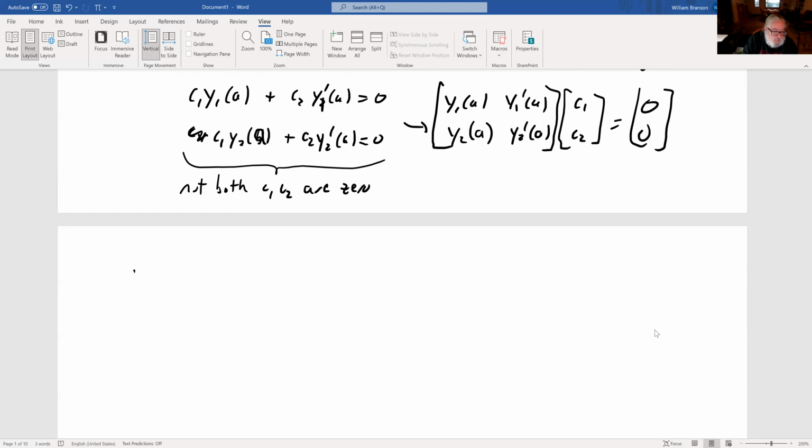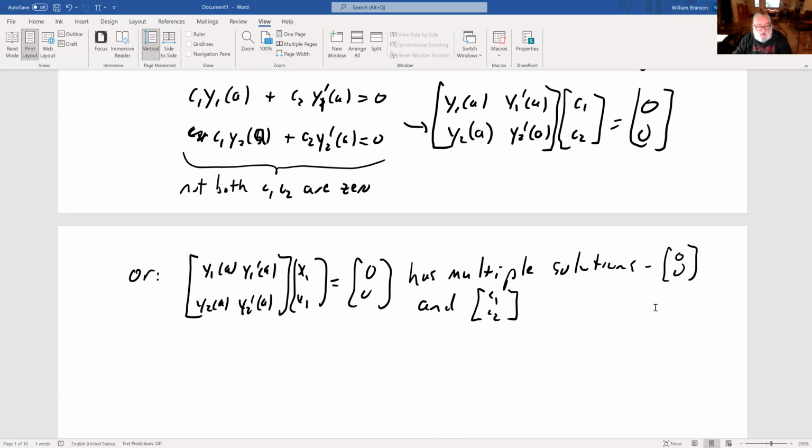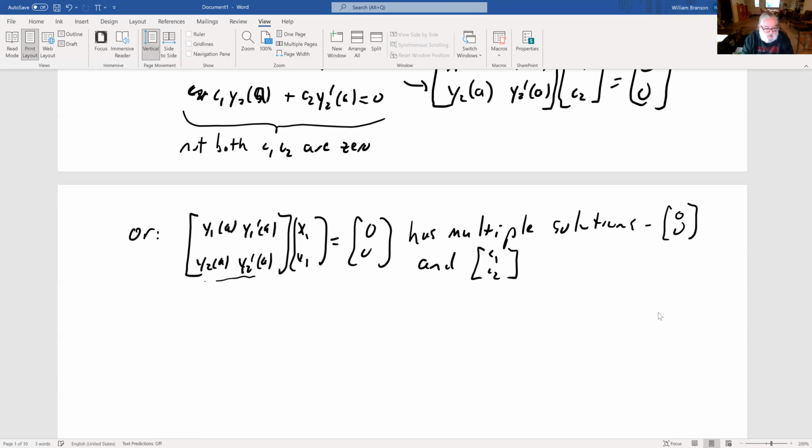That the matrix equation has multiple solutions. 0, 0 is always a solution, but so is C1, C2, because at least one of C1 and C2 is not 0. And so what that tells us is that the determinant of this matrix is 0: y1 of a, y2 prime of a minus y1 prime of a, y2 of a equals 0.